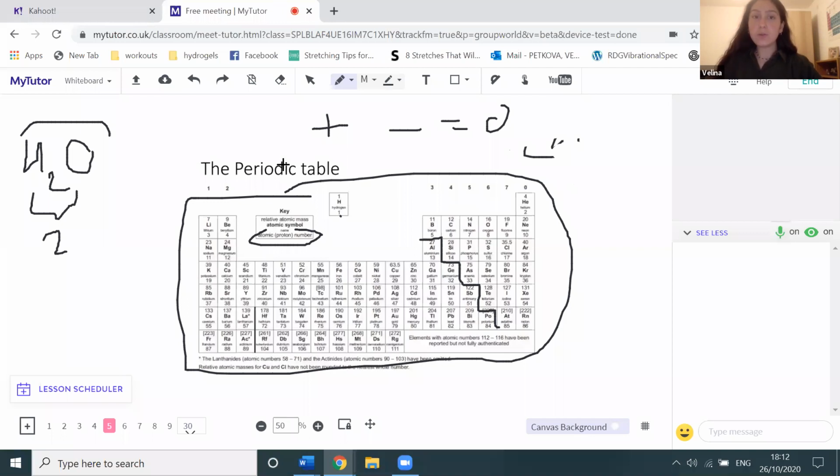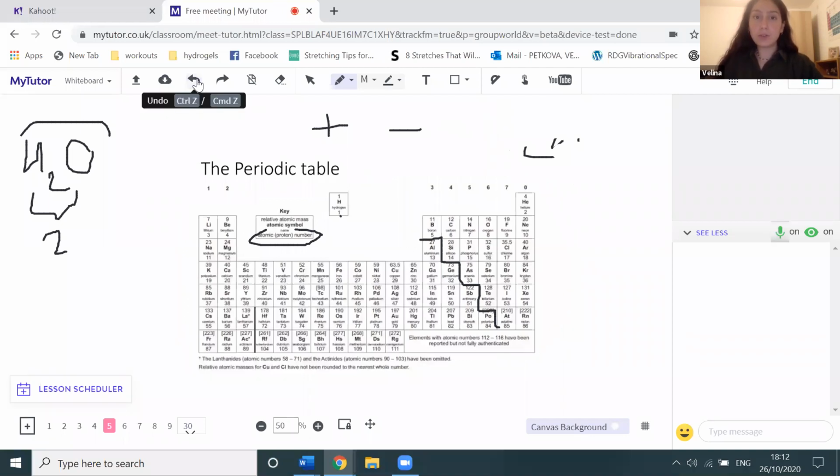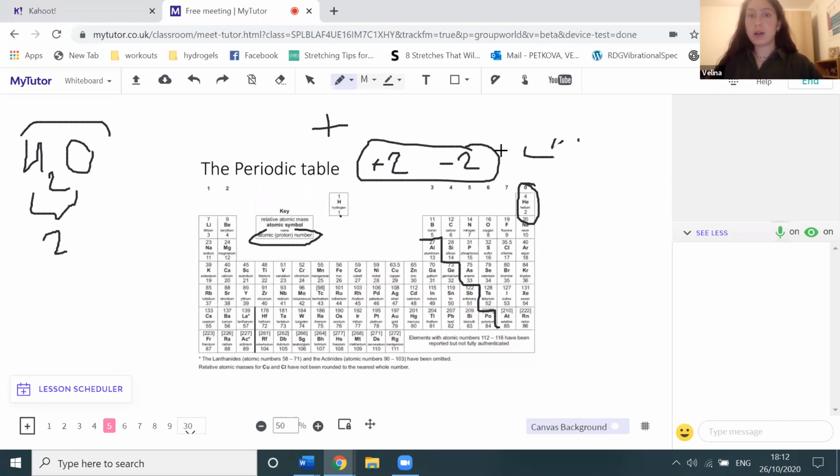So for the atoms to be neutral, we need the same number of positive and negative charges. Let's look at helium again. We know we have 2 protons, so each proton brings a positive charge. Therefore, we need 2 electrons so that the 2 charges cancel out and are equal to 0.